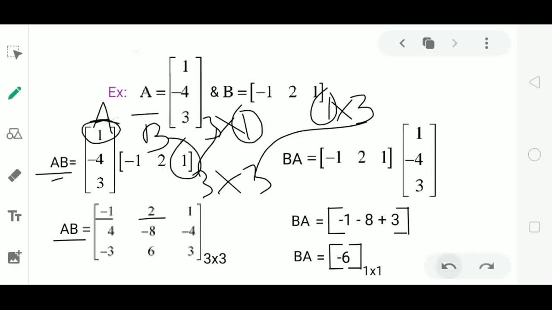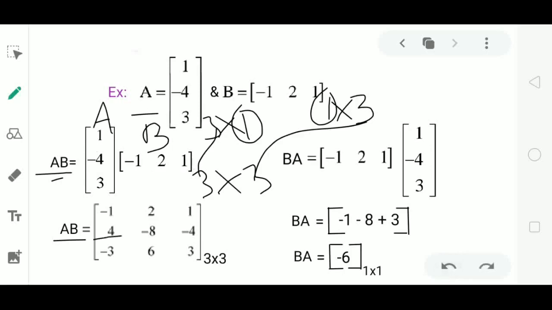Here we have multiplied first row with all three columns of B and obtained elements of first row of AB. Next, to find elements of second row of AB, we consider second row of matrix A and multiply the second row with each of the columns of matrix B.